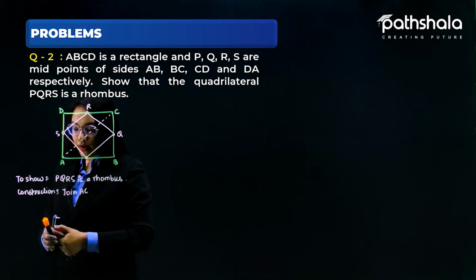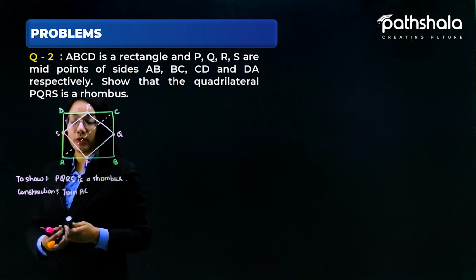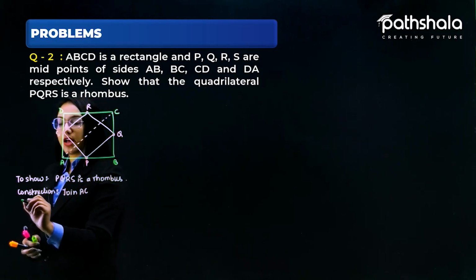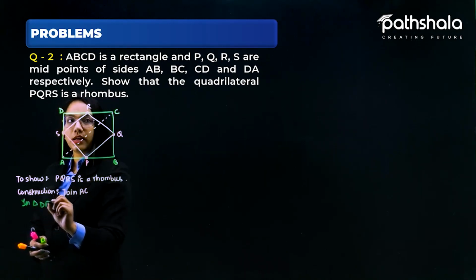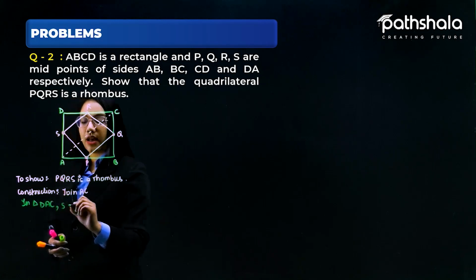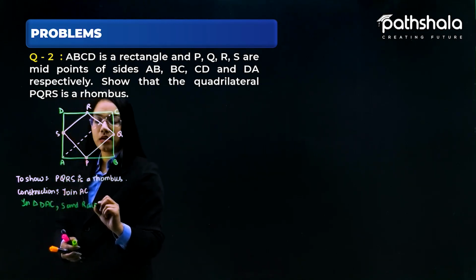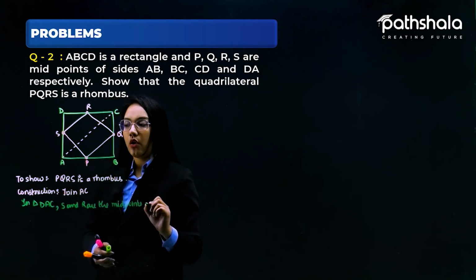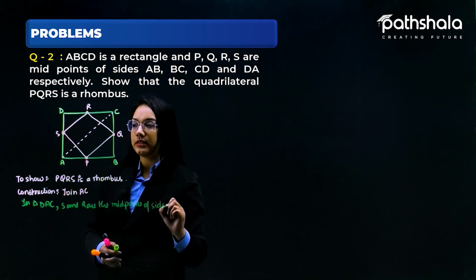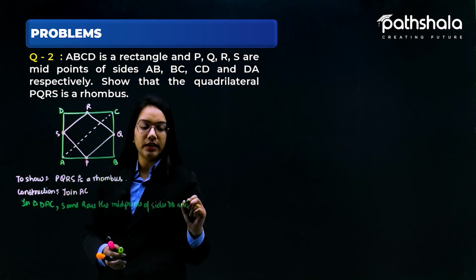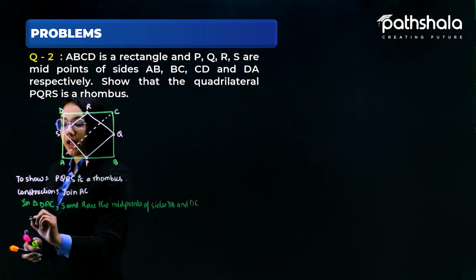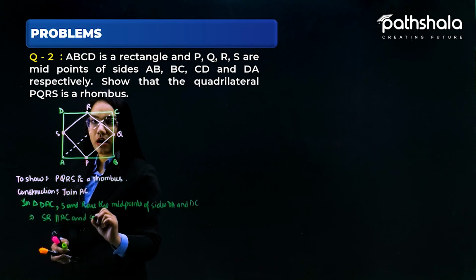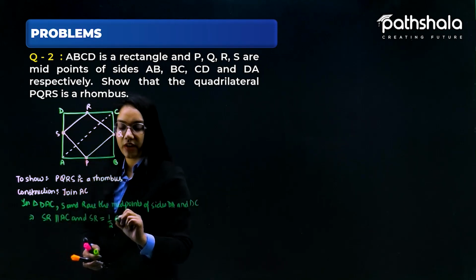Now, if I'm joining A and C, what are we getting from this particular AC? Since we know that in the triangle DAC, S and R are the midpoints of the sides DA and DC, it implies that SR is parallel to AC and SR is half of AC.